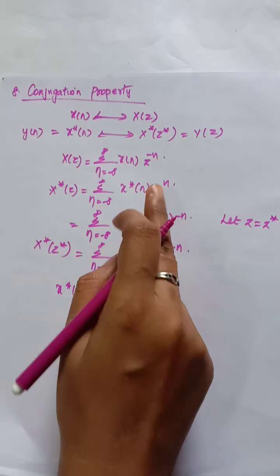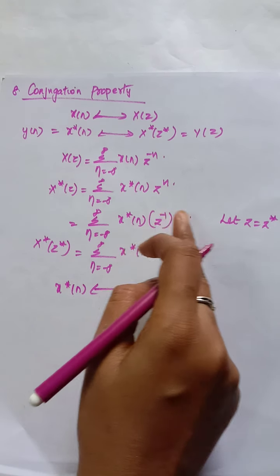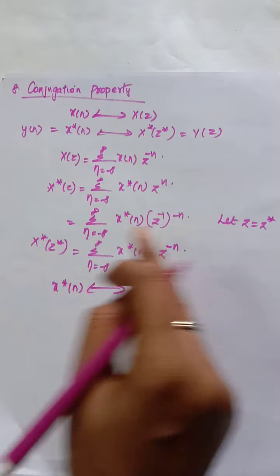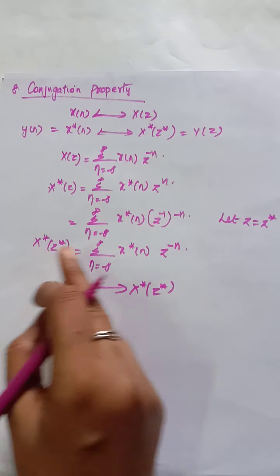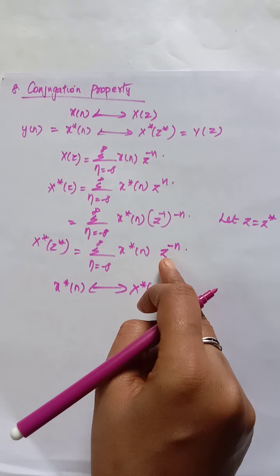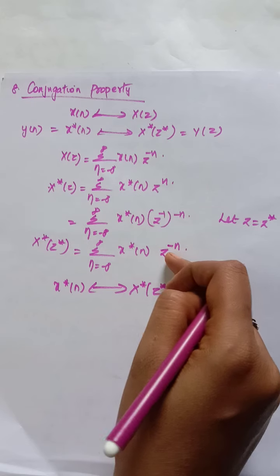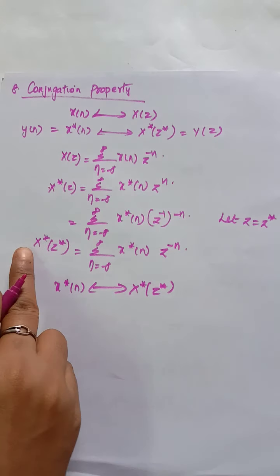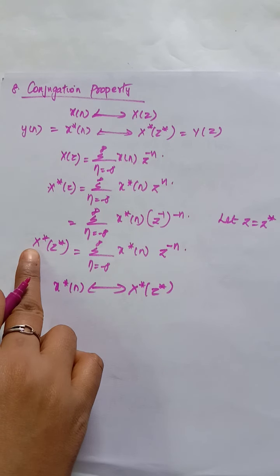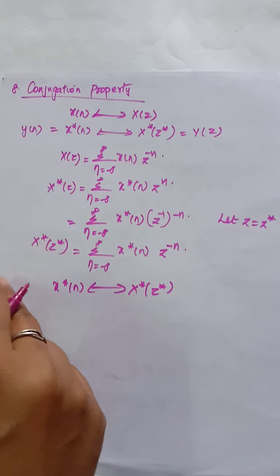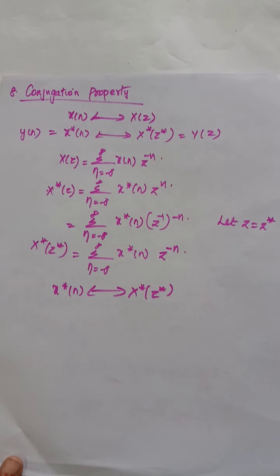So I am rewriting this x of n as x of n into minus 1 power minus n. Now I am going to take z conjugate alone, not for the whole term. Already it is minus, so plus, so it will become minus. So here I will have x conjugate of n, and here I will have x conjugate of z conjugate. So this is the proof for the conjugation property.